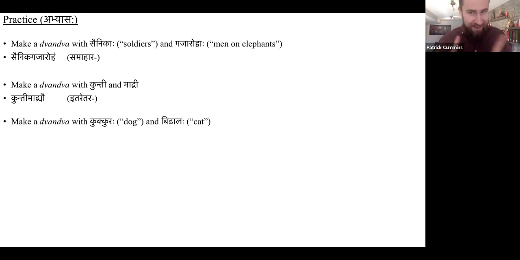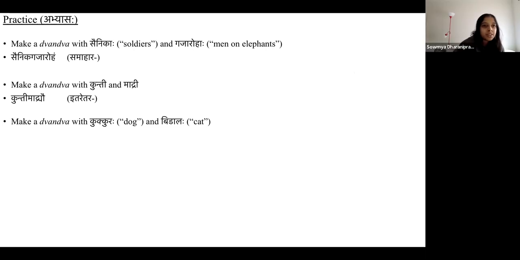What are cats and dogs? They're animals that are mutual enemies, so that's why they're samahara. Exactly right. If you want union, do you want to just put them together as a samahara dvandva?